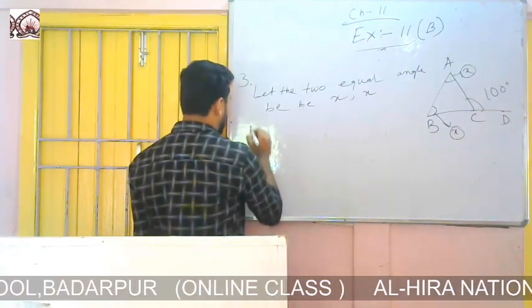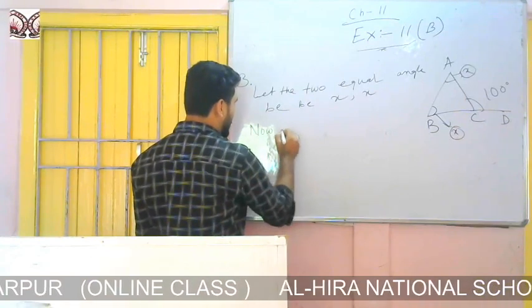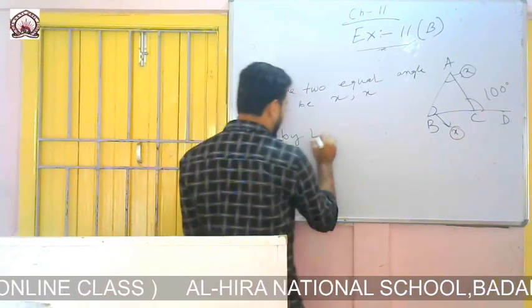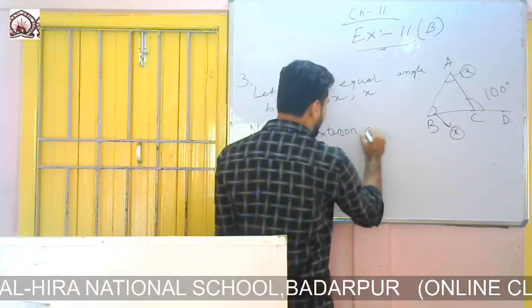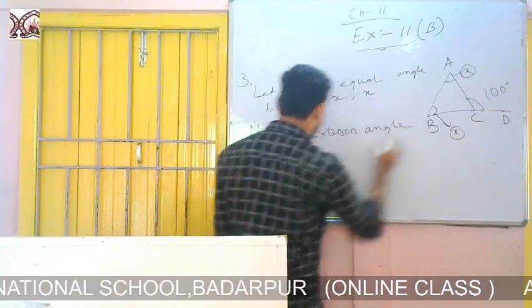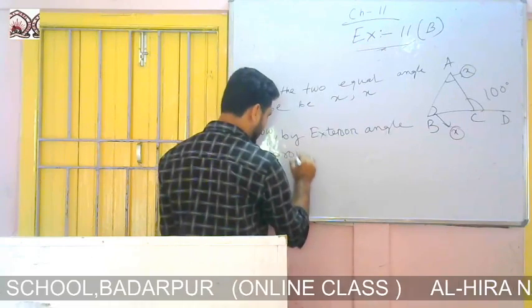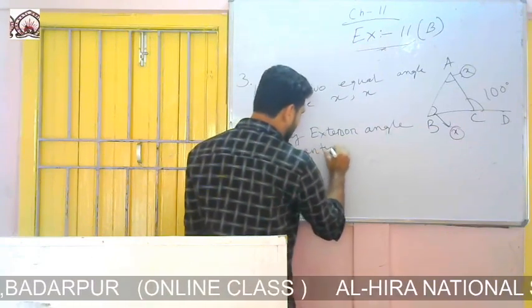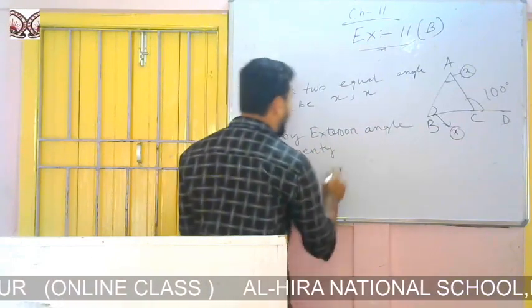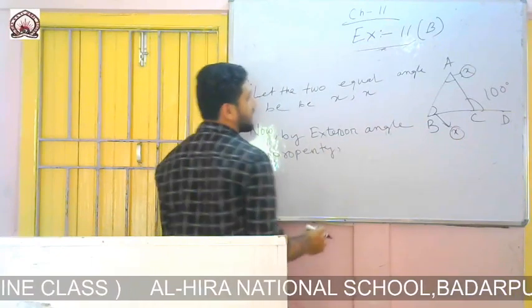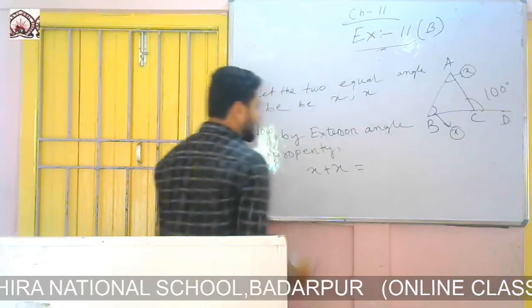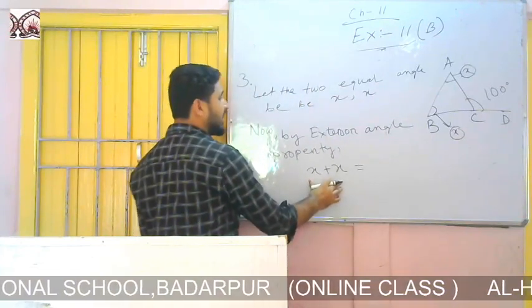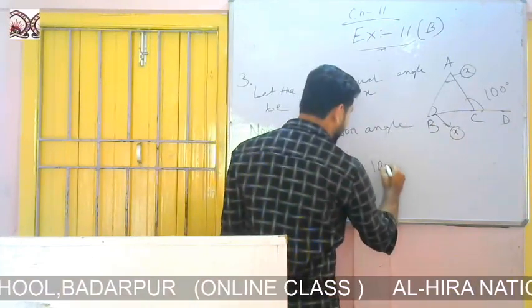Okay. Now write, now by exterior angle property, what can I write? The sum of the two opposite interior angles equals 100 degree.